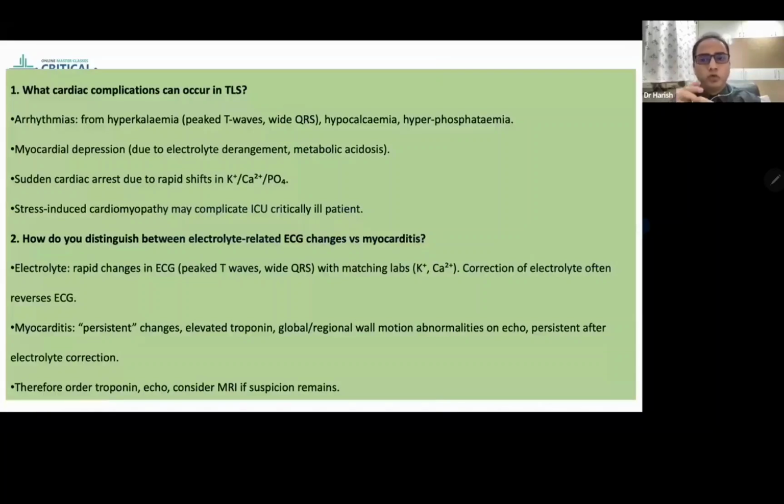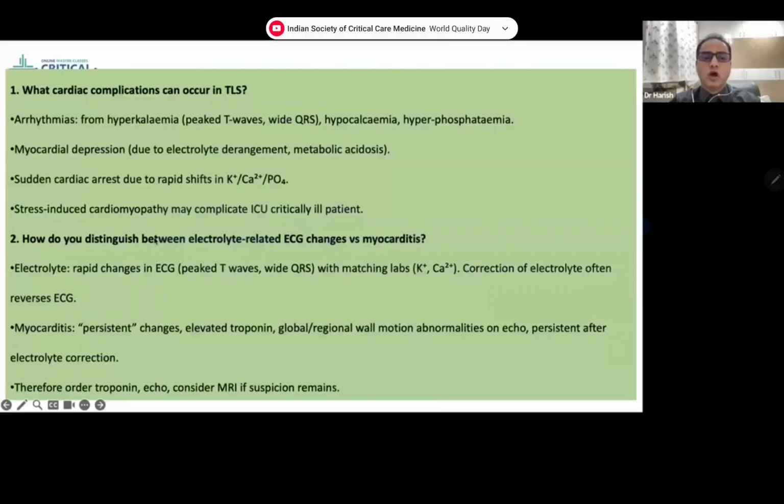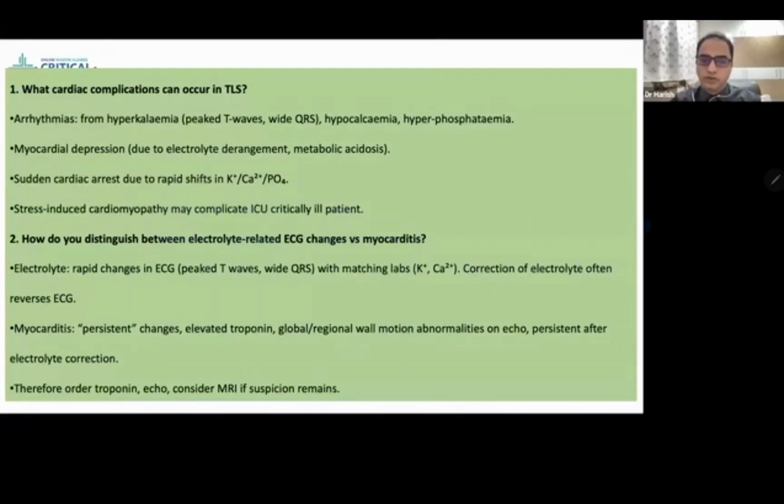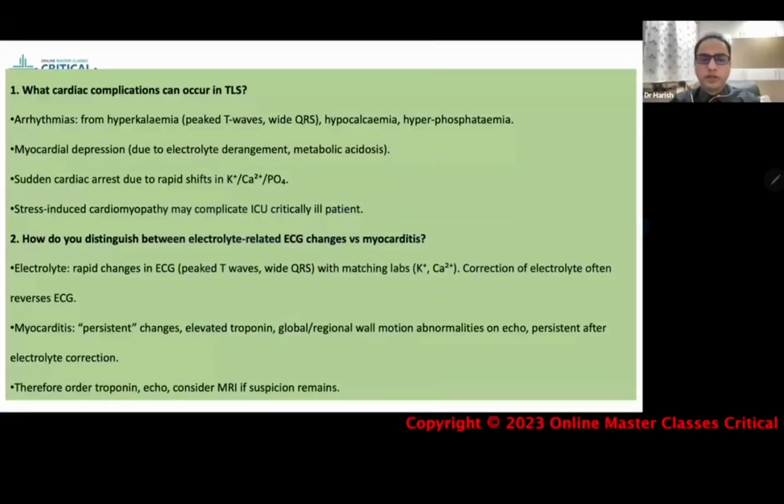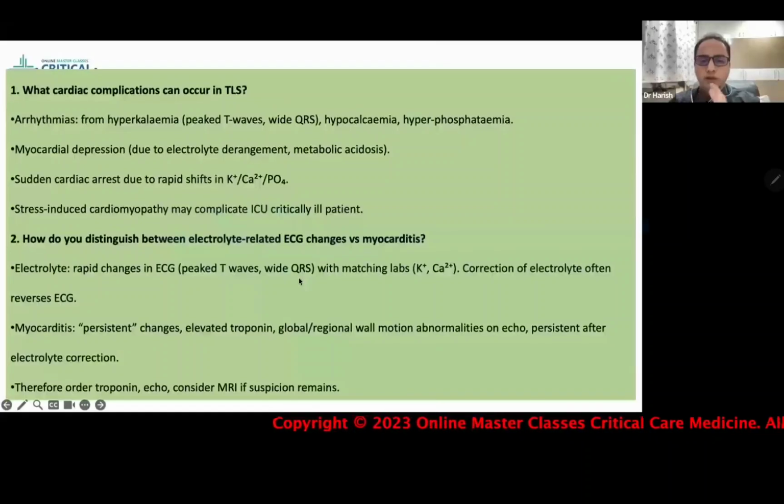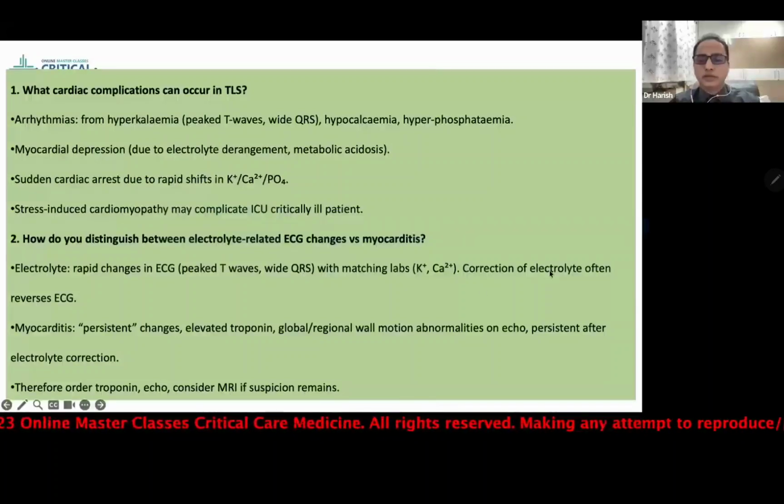Okay. Next, one of the questions in relation to cardiac dysfunction is, how do you distinguish between electrolyte-induced ECG changes and myocarditis? Rapid changes in ECG, if they happen within a couple of hours, like peaked T waves or wide QRS, match with high potassium or calcium, and these ECG changes revert when you correct the electrolyte.